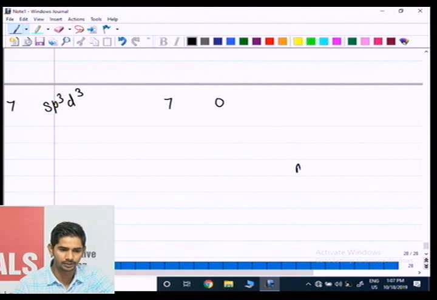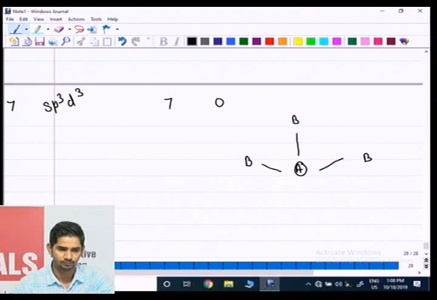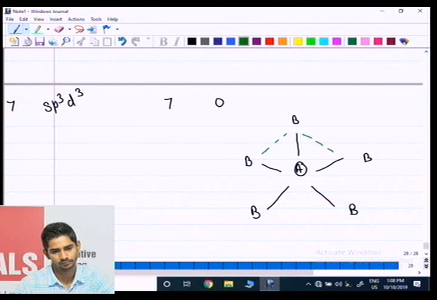And it actually looks like this. Guys, this is your pentagon.